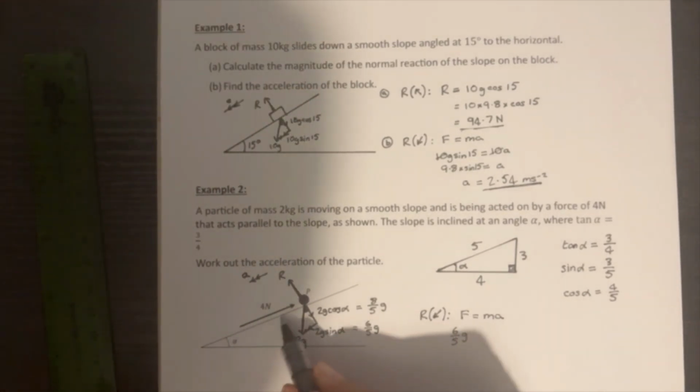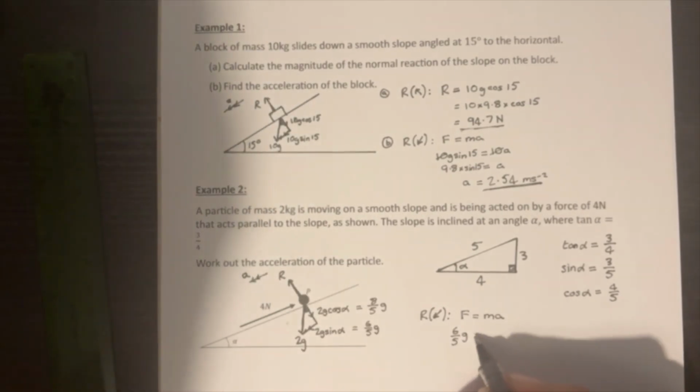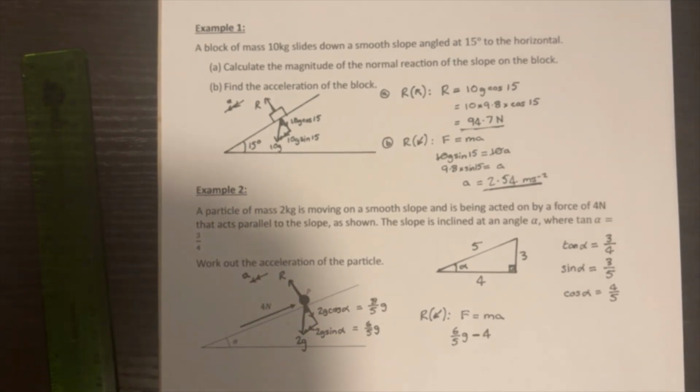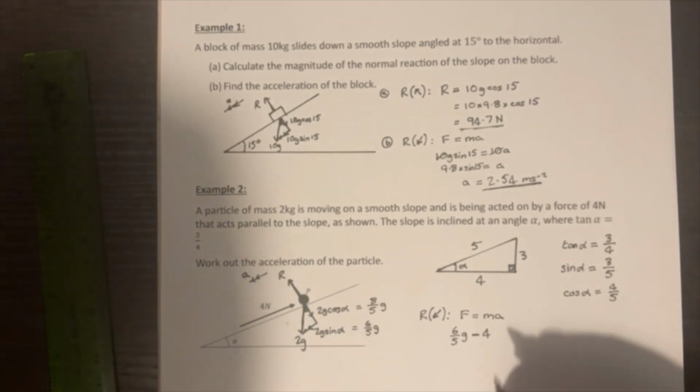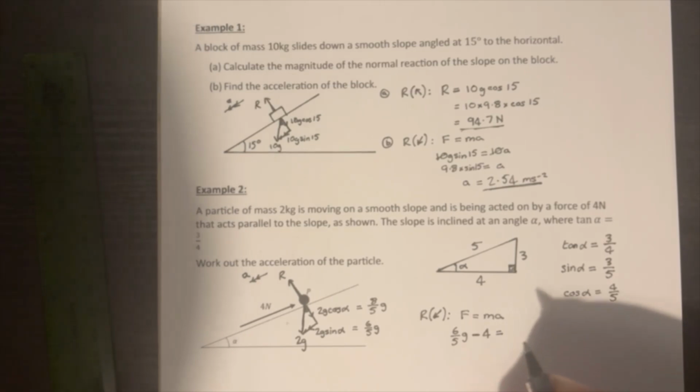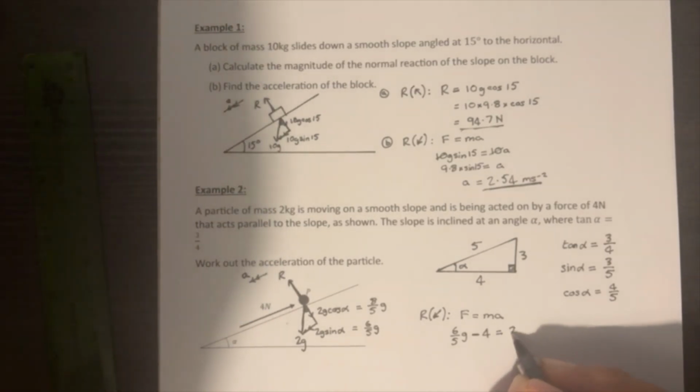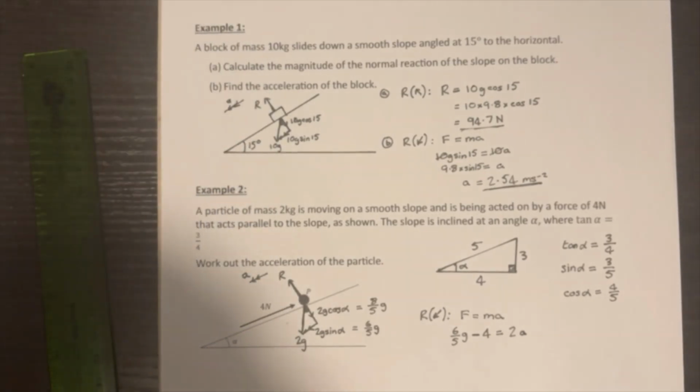But going against that I've got 4 newtons. So I've got 6/5 g minus 4. That's my force. And that is equal to the mass, which was 2, times the acceleration a.